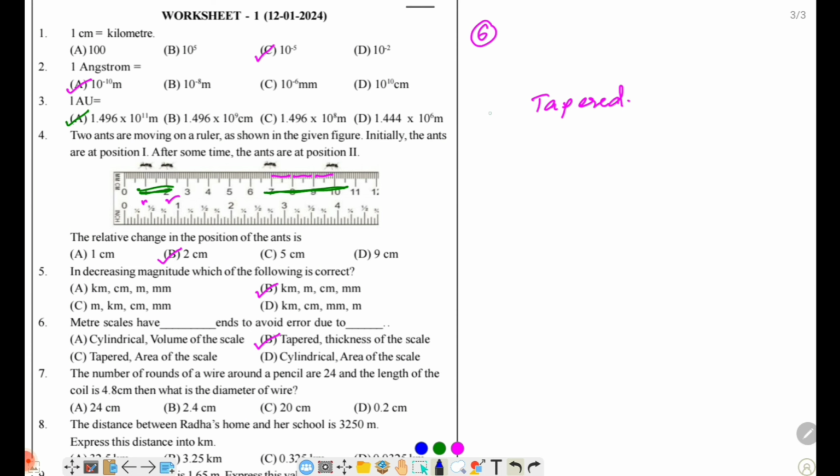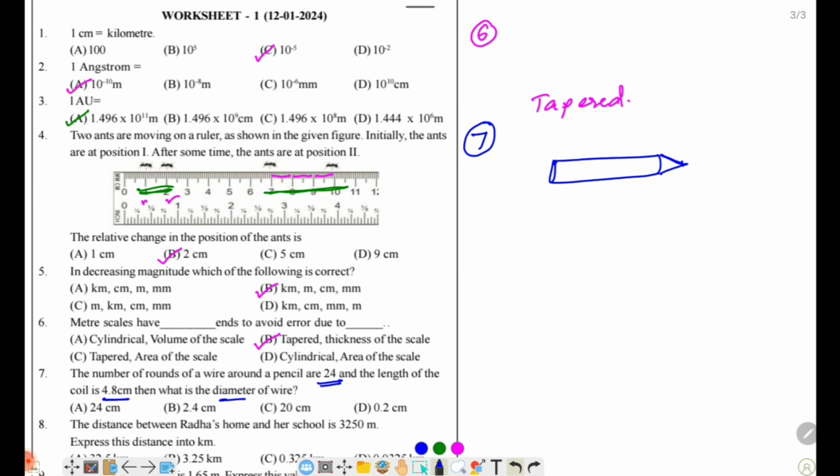Let's see question number 7. The number of rounds of a wire around a pencil is 24 and the length of the coil is 4.8 centimeter. Then what is the diameter of the wire? So see, let's take this is your pencil, assume that.